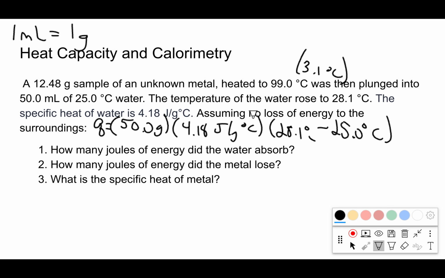I don't have as much room on this slide, so I'm going to try to shorten some of the steps. Now I'm going to do 50 times 4.18 times 3.1. If I look at my units to cancel, I'll be left with joules.